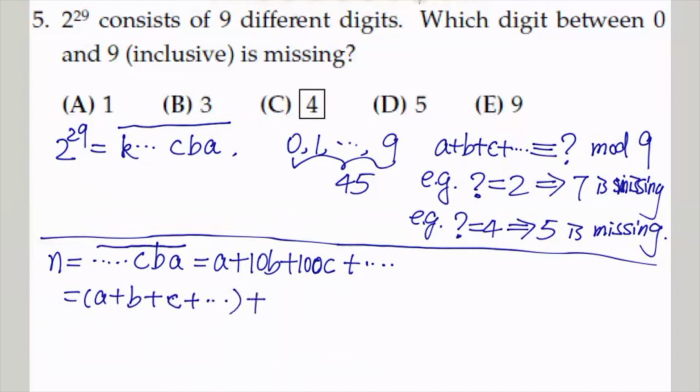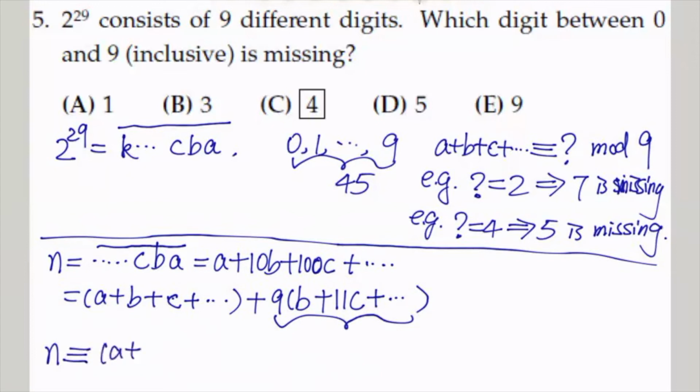And then in the remaining, we have 9 times B, 99 times C, dot, dot, dot. We see that the second group is a multiple of 9, which means that n is congruent with A plus B plus C, dot, dot, dot, in mod 9. In other words, a number and the sum of its digits are congruent in mod 9.